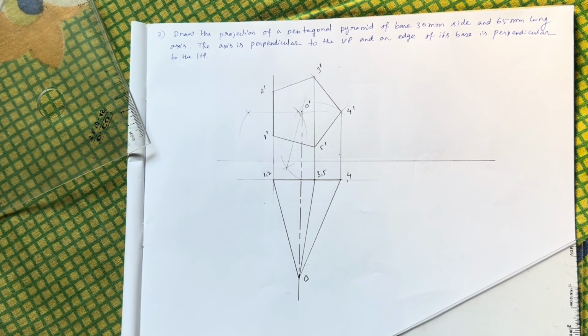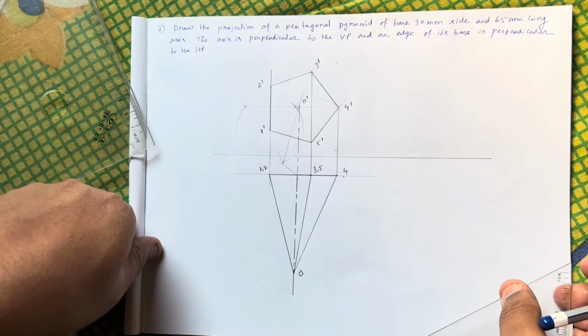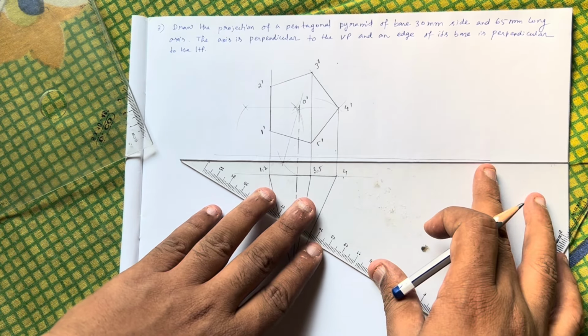Now draw the side view. For that, again we make a perpendicular line to this and project the points horizontally and vertically.